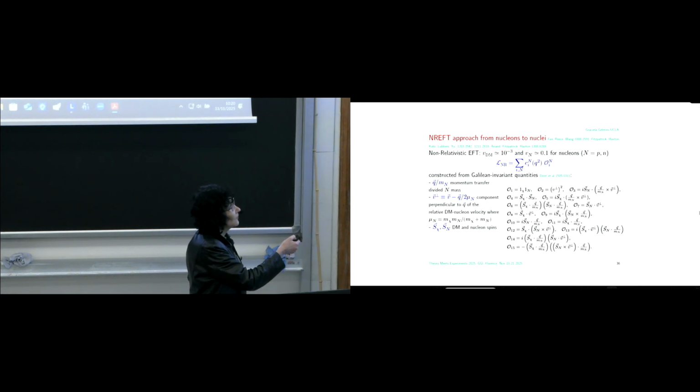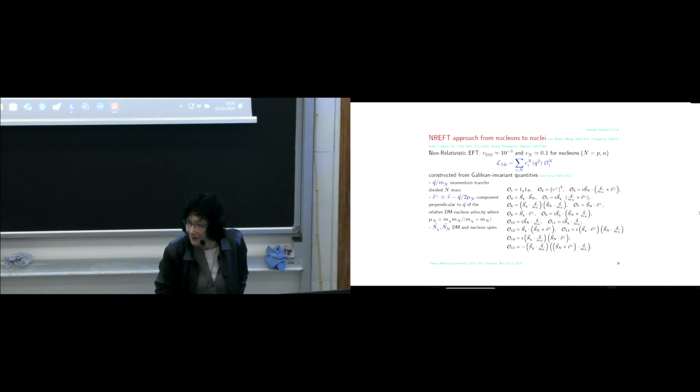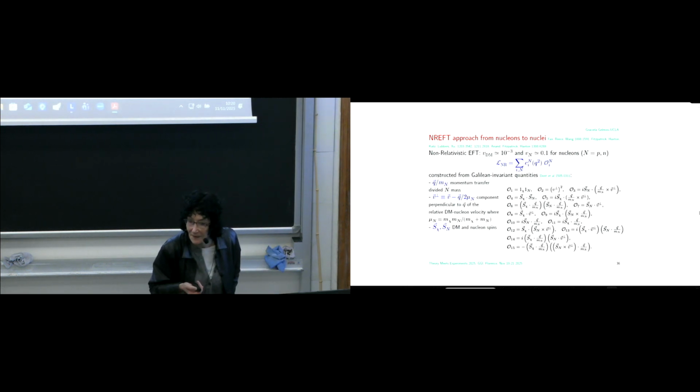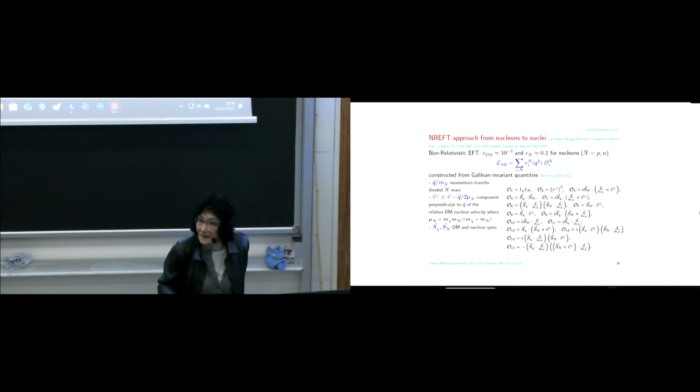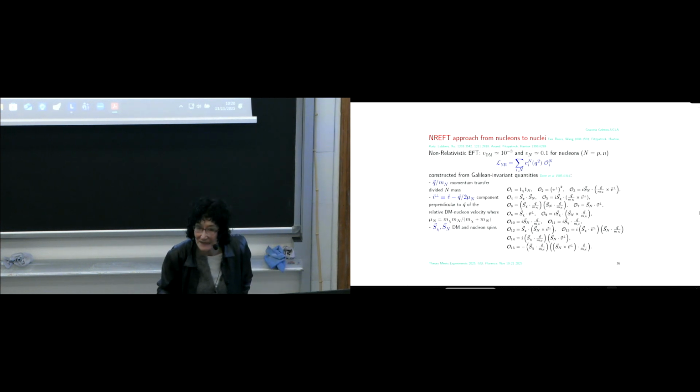So these are non-relativistic. You see that both the dark matter and the nucleons within a nucleus are non-relativistic. The characteristic velocity is 0.1 c, so they are both non-relativistic. Therefore, you use non-relativistic quantum mechanics, essentially.